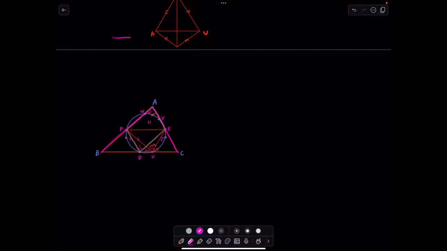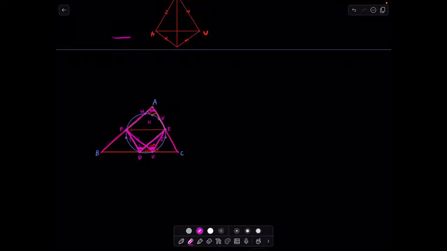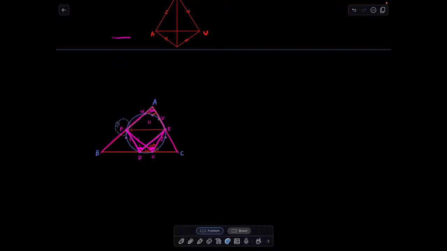So we have shown that this angle here, right, equals this angle here. Okay, 1 and 2 are equal to each other, right? They both equal the angle A. So which means these four points E, F, D, and U, somehow it's not responding here, yeah, they are on the same circle.